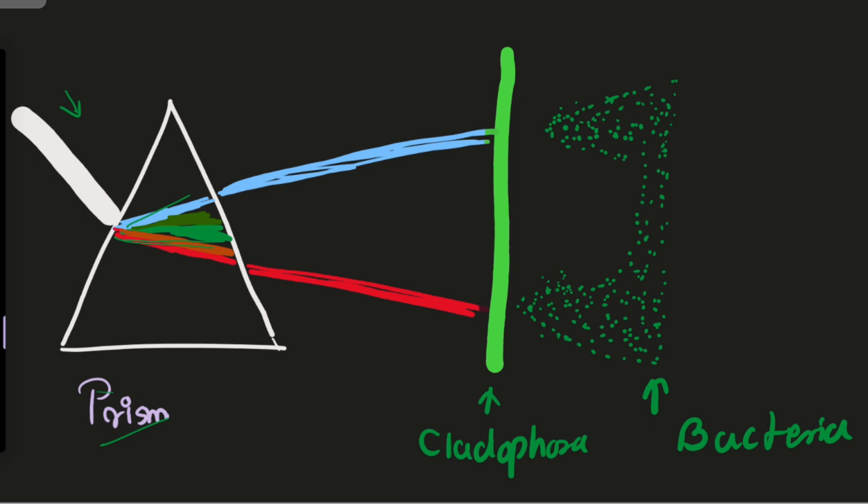What he observed is that bacteria accumulated in the region of blue and red light of the split spectrum. This demonstrates the effect of different wavelengths of light on photosynthesis, and this is the first action spectrum of photosynthesis.